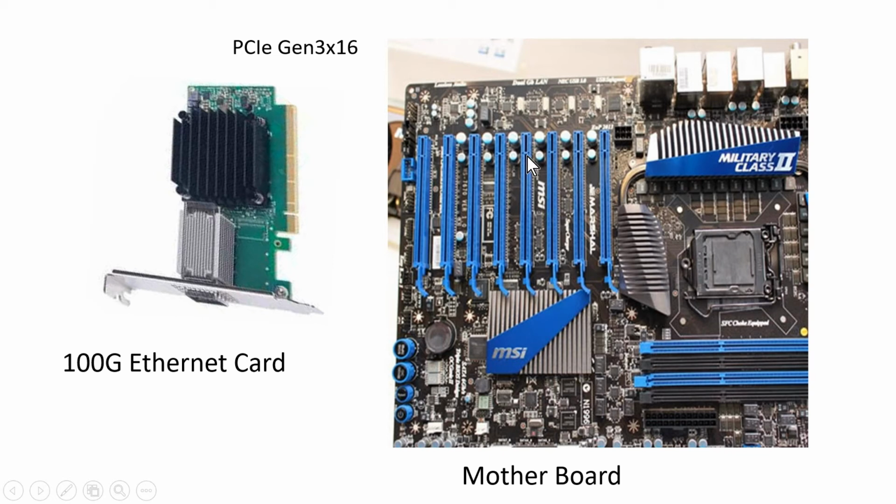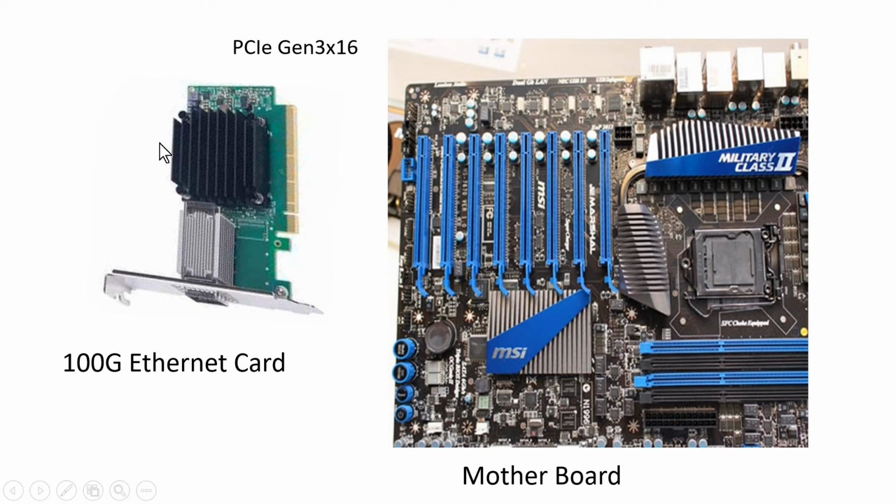Some may get only 4 PCI signals attached to it. So the slot where I was attaching this 100 gig Ethernet card was a by 8 slot. So I was getting the performance of only 8 lines. On this 100 gig card I have 16 lines, but on this motherboard, I am getting only 8 PCI lines. So I was getting effectively the performance of 8 PCI lines, which is 8 into 8, 64 Gbps.